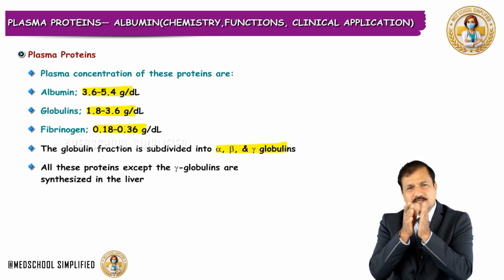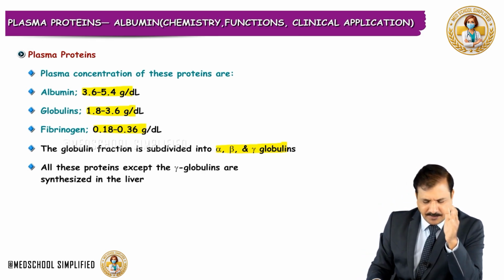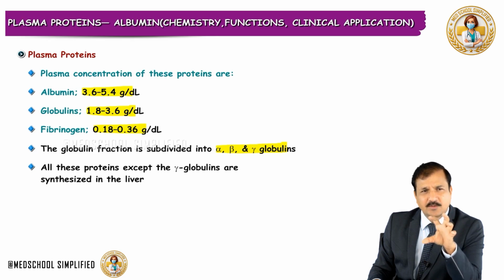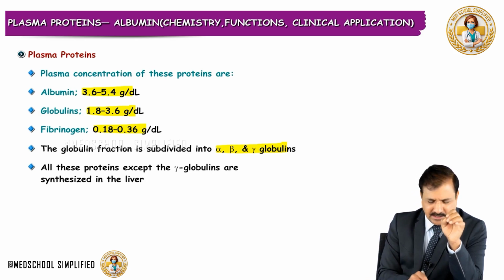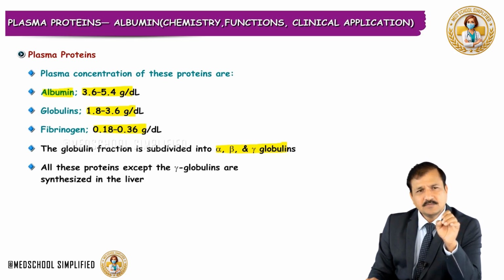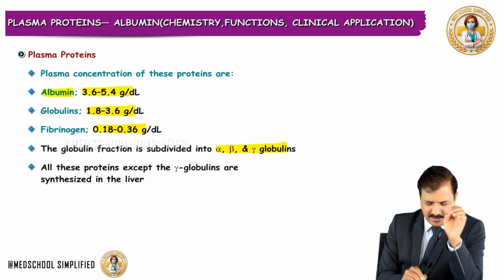Going by the amount of albumin, globulins and fibrinogen present in the plasma, the major plasma protein is albumin. Then comes the globulin and then comes the fibrinogen. Out of globulins we have alpha, beta and gamma globulins.